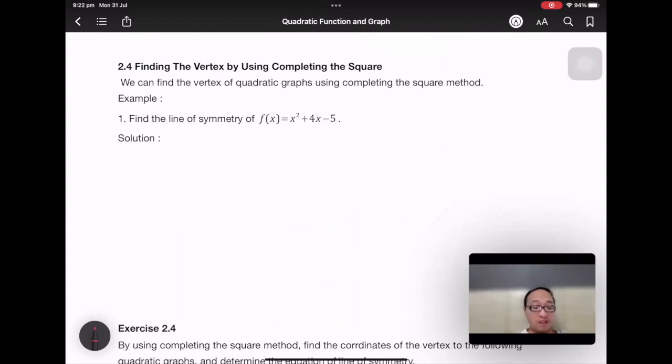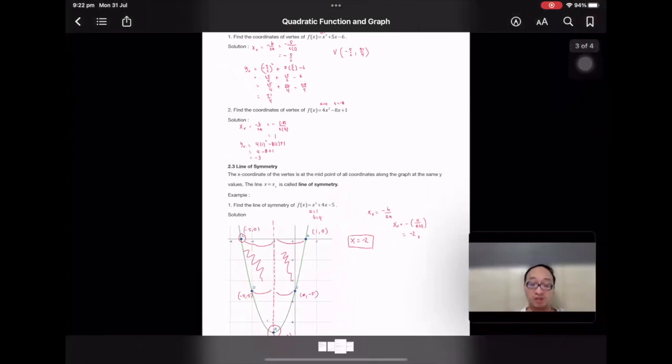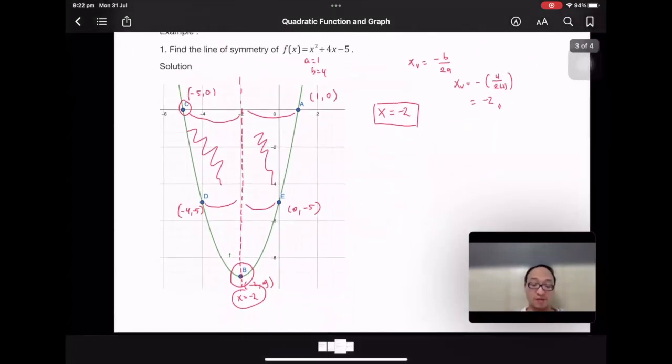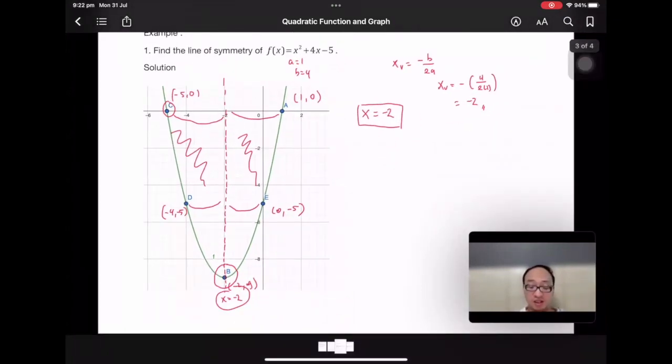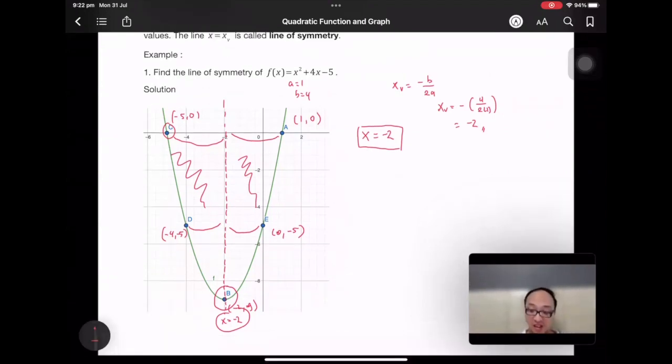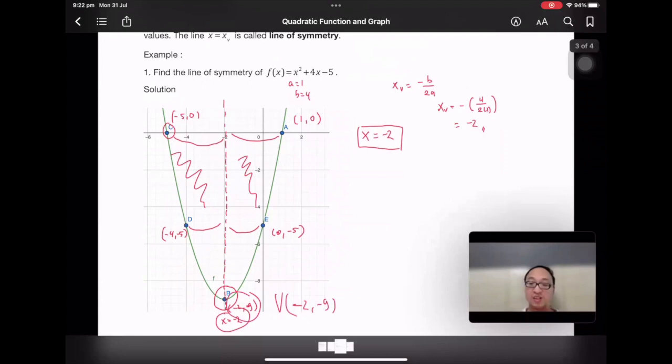Find the line of symmetry of x squared plus 4x minus 5. This is exactly the same question as before. From here, we can see that the line equation is x equals negative 2. The vertex is here, (-2, -9). Yeah, the vertex.